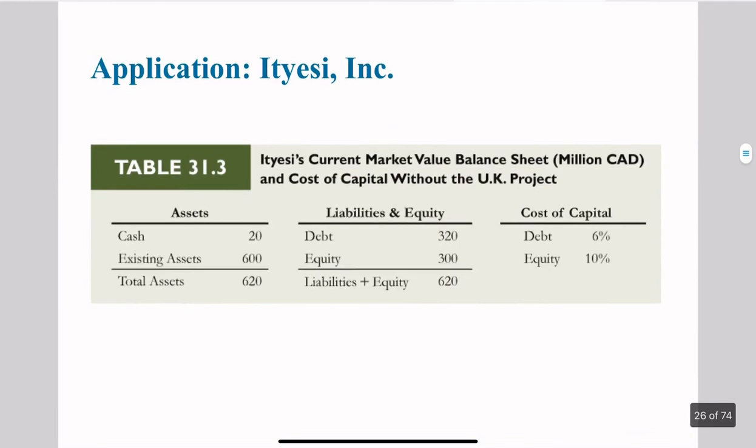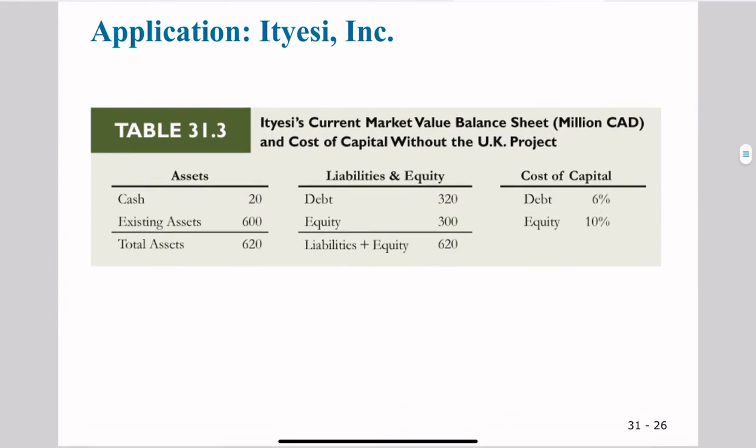Okay, next, second step, we will try to solve the firm's weighted average cost of capital. So we need to find out WACC. And now you should be very familiar with how to calculate WACC.